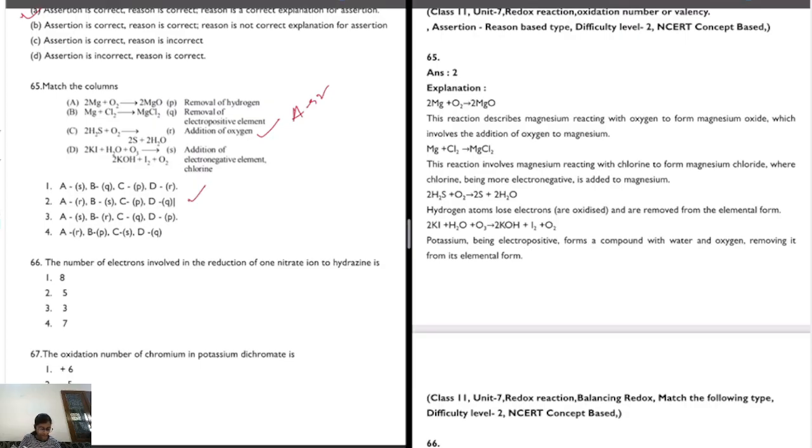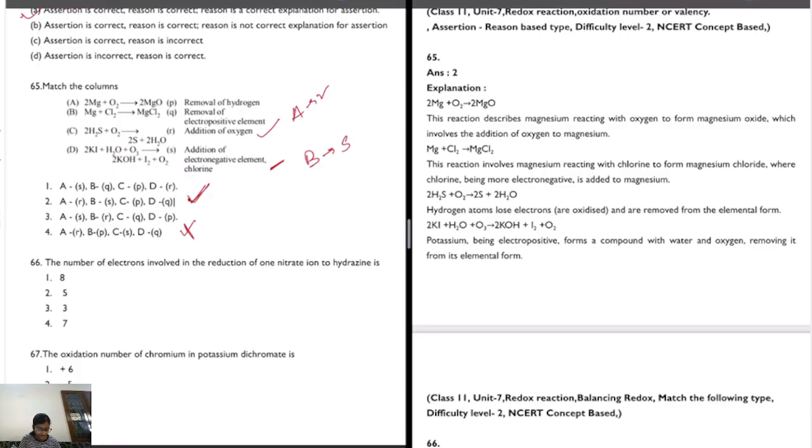That is the possibility of these two is there. Then in the next reaction, Mg plus Cl2 to give MgCl2. Now you can see that addition of chlorine is there. And which statement would be correct according to this one? Therefore, B will match with S. Now you'll see that this is wrong because in this B matches with P. Therefore, this is our correct answer.